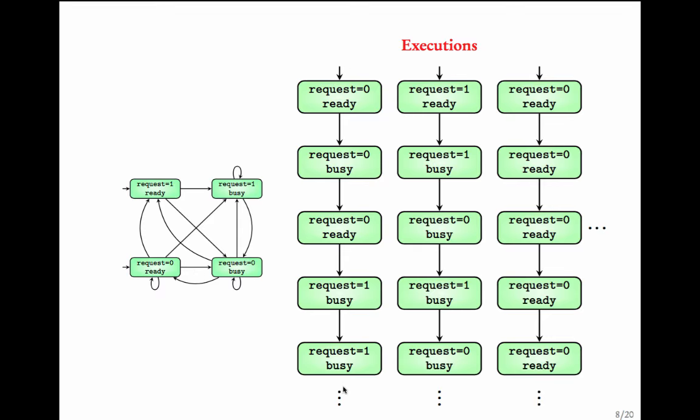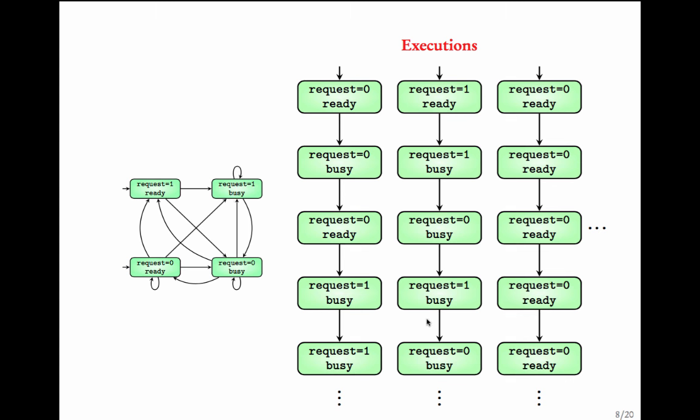The first execution starts from the initial state request equal to 0 ready. It goes to request equal to 0 busy. Goes back to request equal to 0 ready. Then takes the transition to request equal to 1 busy, stays here, and so on.